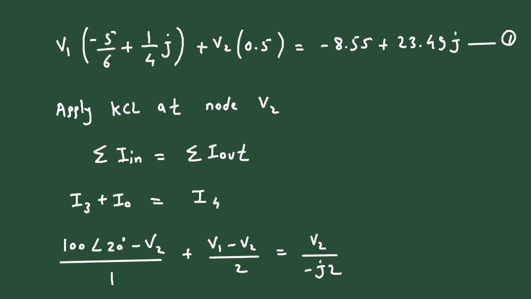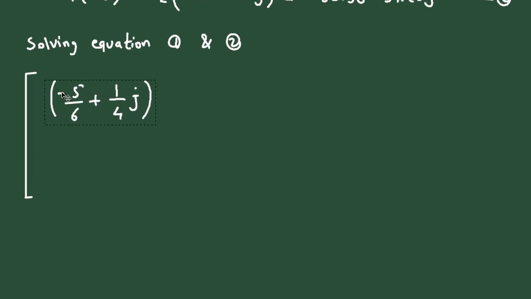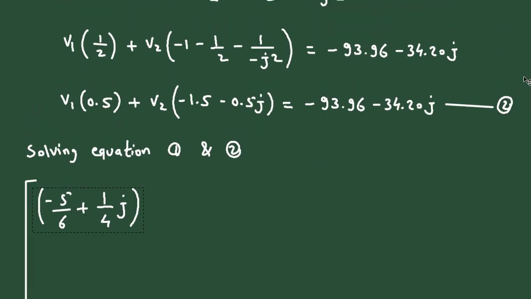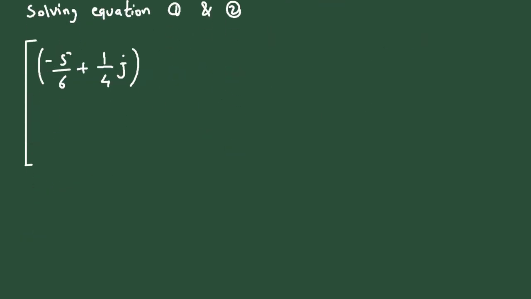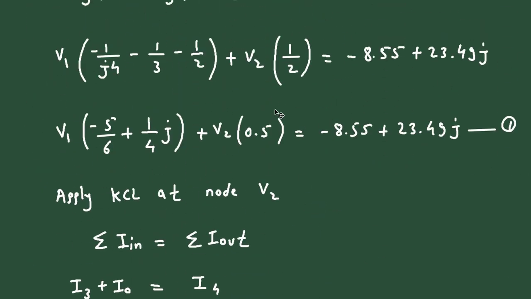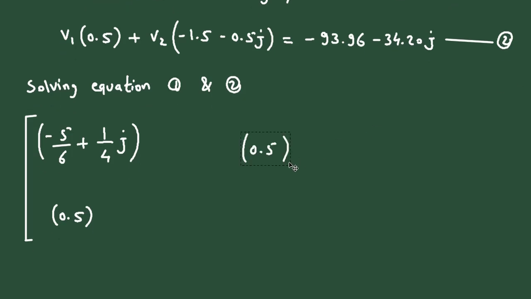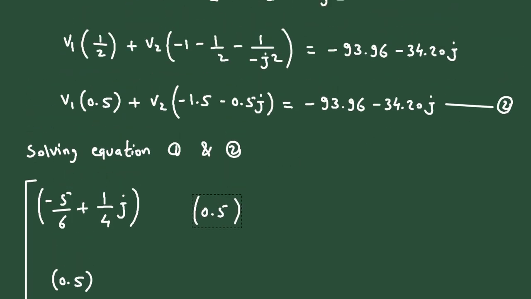So from equation 1 it will be this value. From equation 2 it will be this value. From equation 1 it will be this value. Then from equation 2 it will be this value.